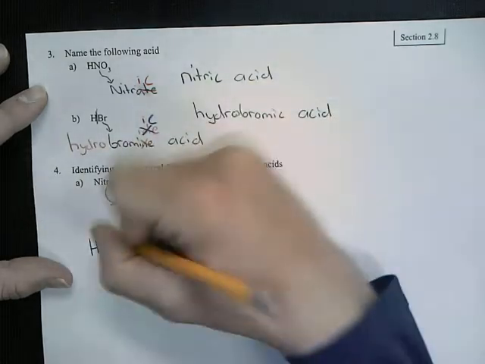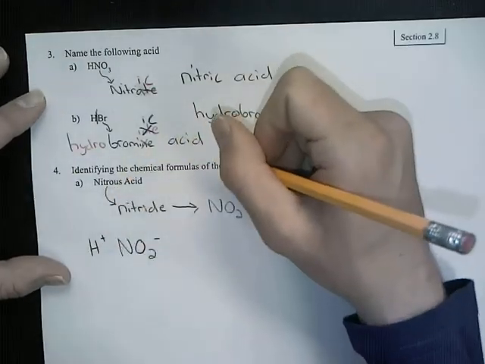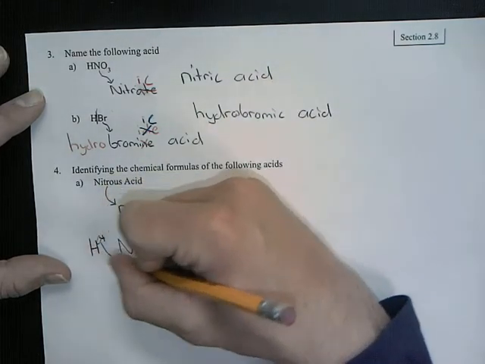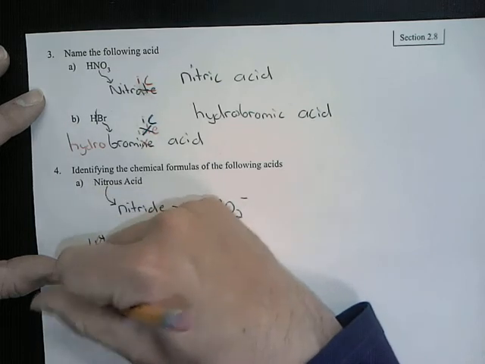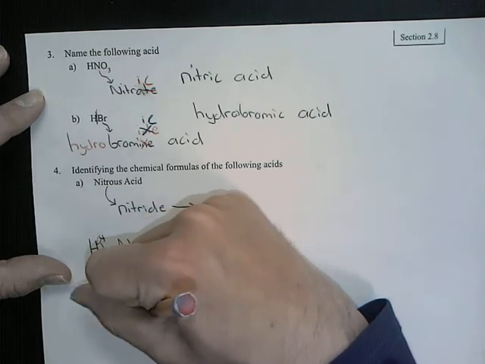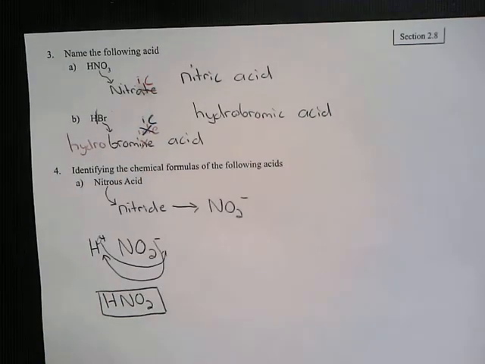So H plus and NO2 minus interact with one another. Again, our charges crisscross and they cancel. So the formula for nitrous acid would become HNO2. This should be review, and you can look back at the notes on naming ionic and covalent compounds for this section.